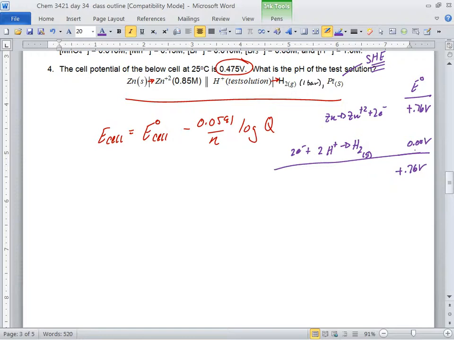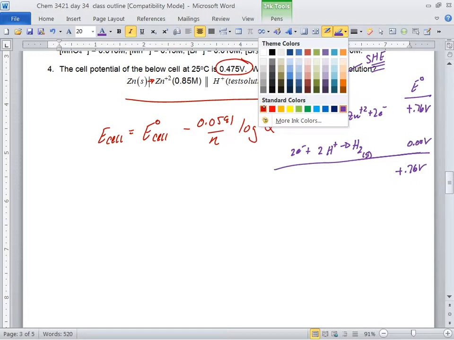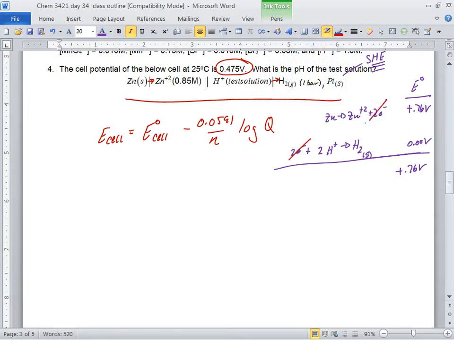My electrons will cancel as is, so pretty much just add stuff up and I'll have my overall reaction, because those guys are done. Don't have to multiply through by anything at all. So the reactant side, I'll have a zinc solid and a couple of hydrogen ions.